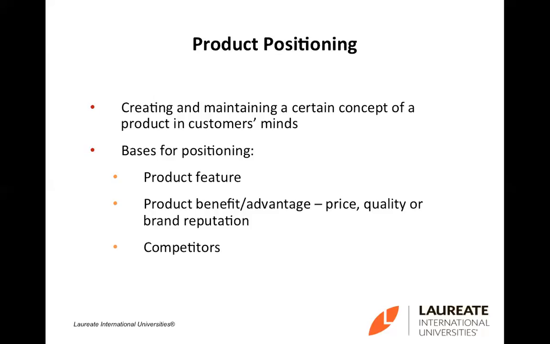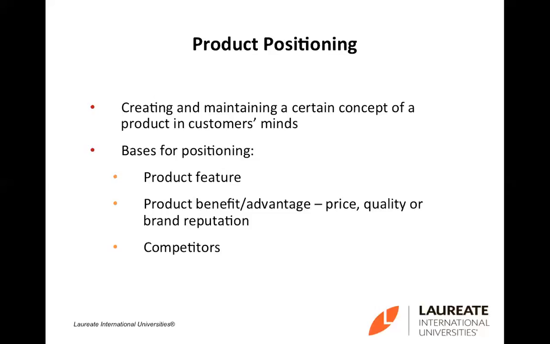You can position your brand based on a specific product feature, such as the precision of technology, for instance. That means you're positioning your brand based on product feature. Or you can look at the product benefit or advantage, such as price, quality, or brand reputation. If you look at Aldi, for instance, they're pretty much offering price or affordability as an example.